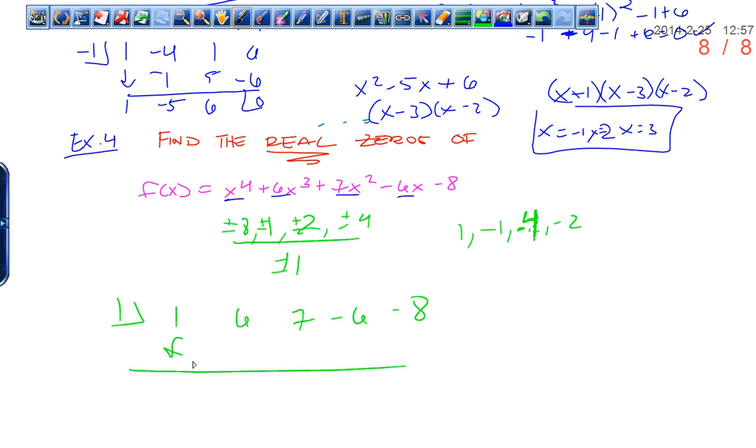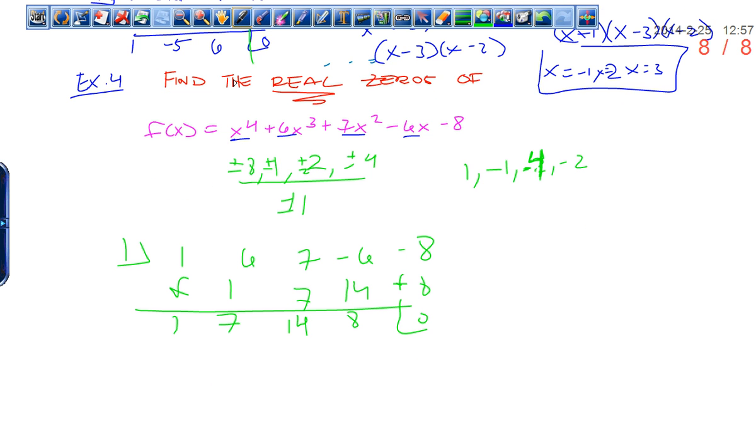Bring down 1, gives me 1, 7, 14, 14, 8, 8, and then I get my 0 because negative 8 plus 8. So that means my answer is x cubed plus 7x squared plus 14x plus 8. Now, unfortunately, we can't factor that, so we've got to go again.